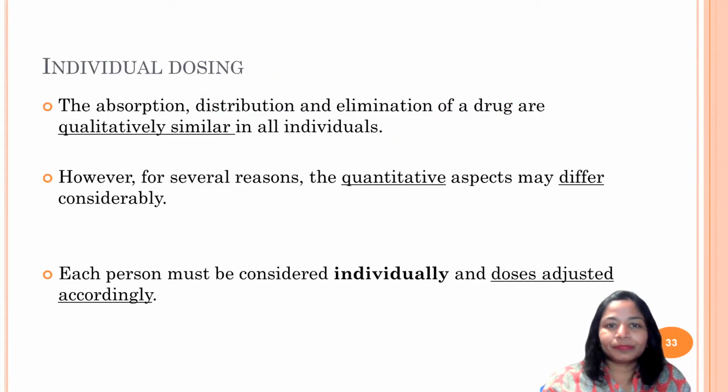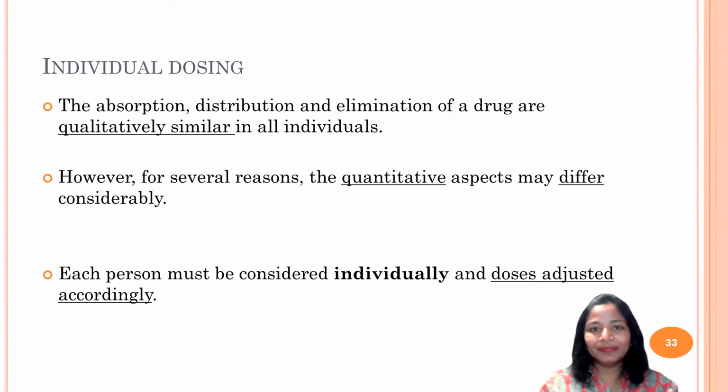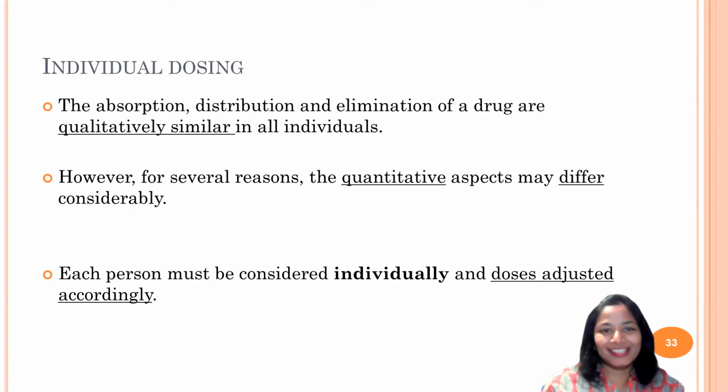So remember, we have absorption, distribution, metabolism, and excretion. Every individual dosing that we give to the patient, all these processes are qualitatively similar in all the individuals. However, because of various reasons, the quantitative aspects differ considerably.